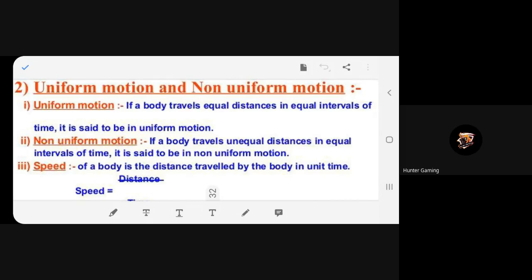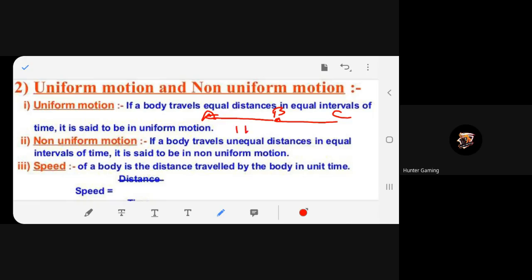If a body travels equal distance in equal intervals of time, it is said to be in uniform motion. That means I will show you the example. This is A, this is B, and this is C. This is 1 hour.